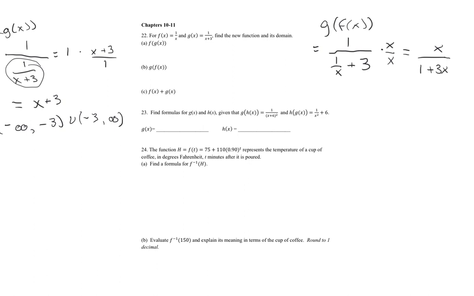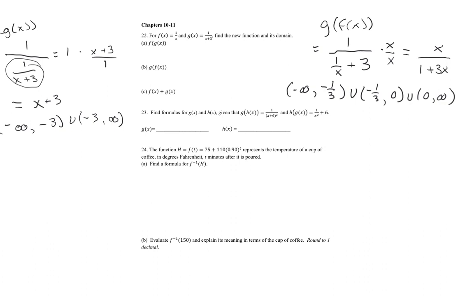Let's look at the domain again. Okay? So here, it's going to go from negative infinity to negative 1/3, union, negative 1/3 to 0, and then union 0 to positive infinity. Okay? So let me explain some of why these holes are happening again.